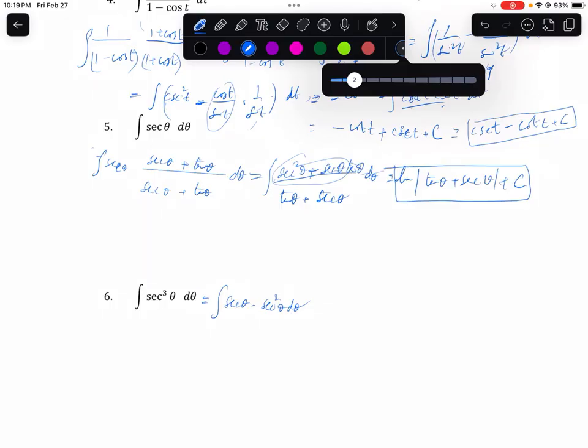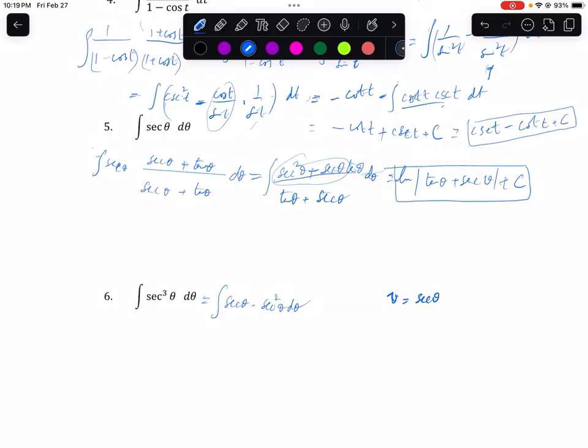So we said u is equal to secant theta and dv is equal to secant square theta d theta. Now we integrate the dv.